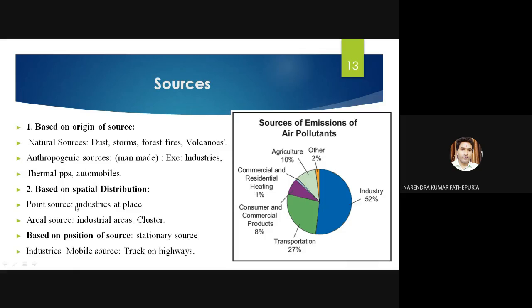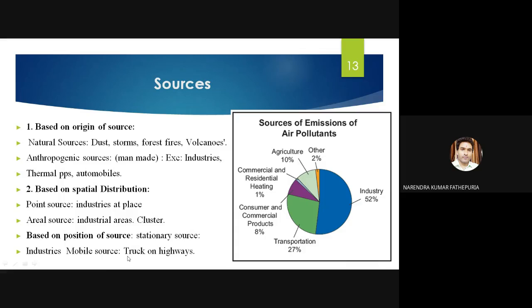We have point sources, like industries at one place, right? There are movable sources as well as fixed sources based on position. There are also areal sources, like industrial areas and clusters of industries causing pollution. And based on the position of the source, there is a stationary source of pollution and there is a movable source of pollution.